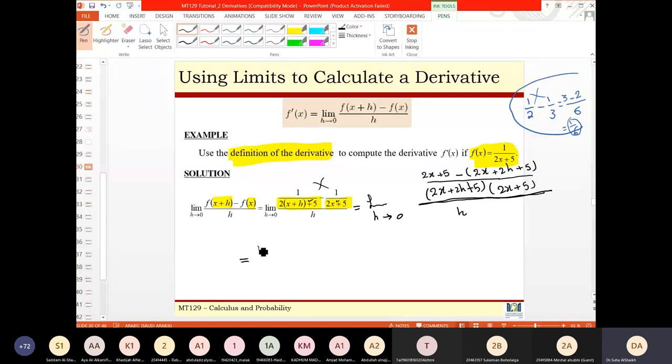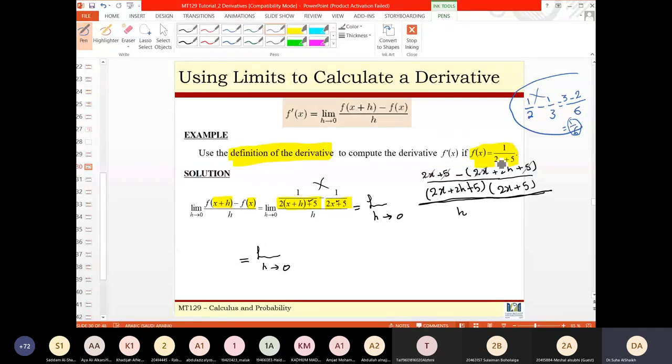This equals the limit when h goes to 0. Now we start cancelling. I have 2x and here I have minus 2x. And here I have 5, and here I have minus 5 because of this minus.